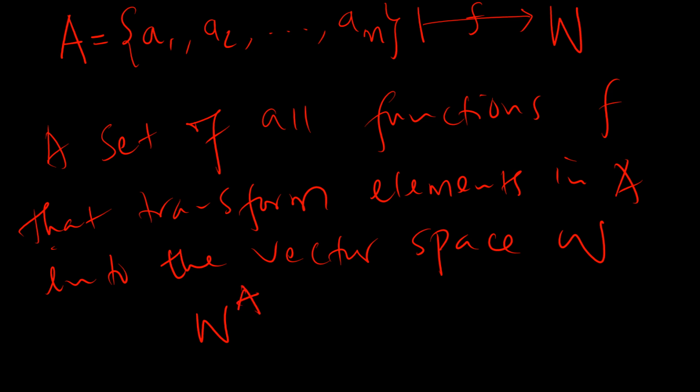An example would be, let's say you have a set A that is transformed into a real number. Now this is not a vector, but how we would represent a group of functions that do that job is the real number, or R to the A. So this is just an introductory remark, but let's summarize this into something more concise.